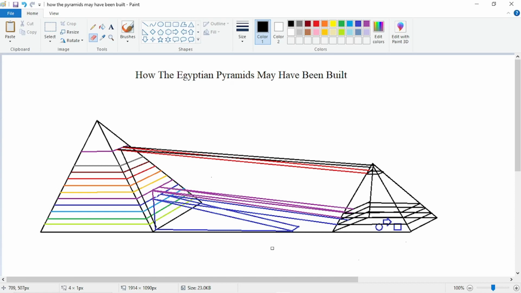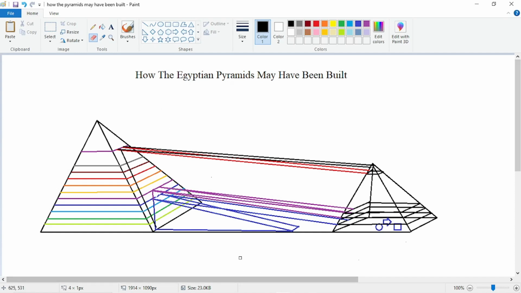There's no written evidence, but as far as I know, there are no hieroglyphs that show how the pyramids were built. They do show a lot of things, but as far as showing how the pyramids were built, I don't think they show that. So we just have to try to figure it out, come up with ideas and conjecture, and try to analyze how to do it.